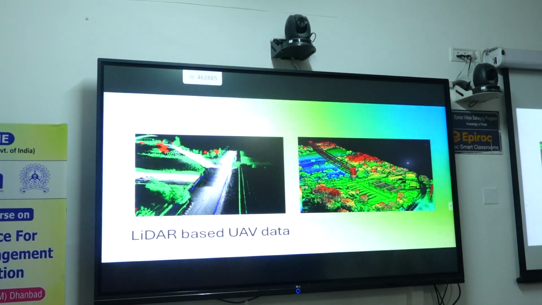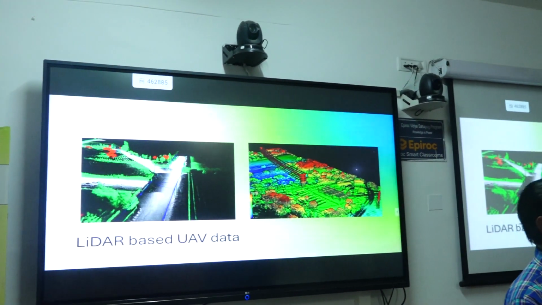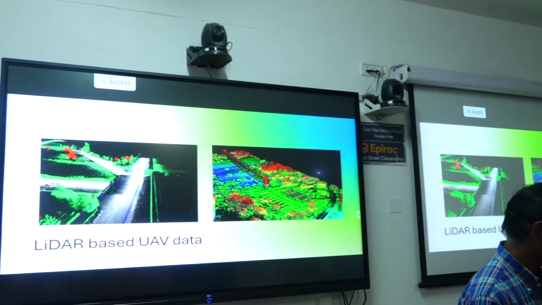Sometimes we remove such points to enhance the radar image also. Okay. But in the earlier case only photographs, here a number of points.